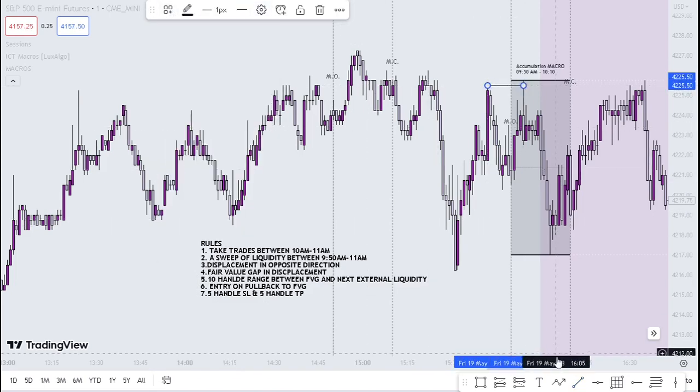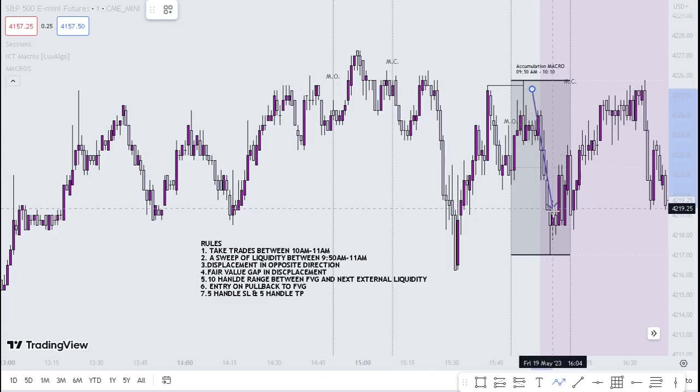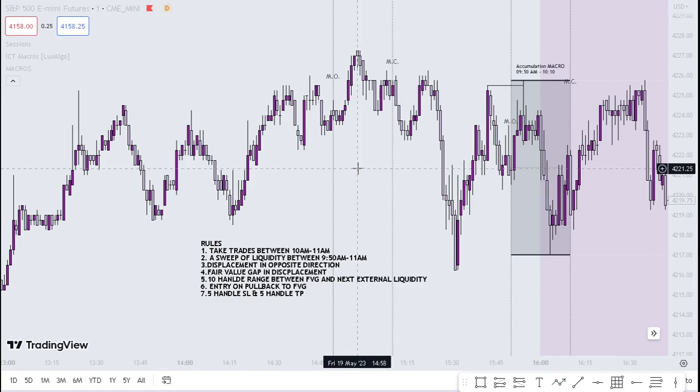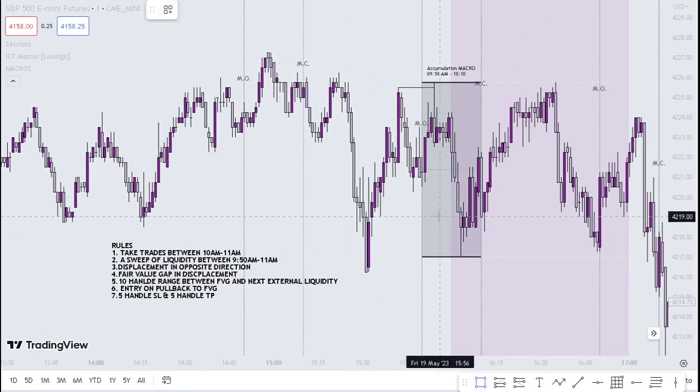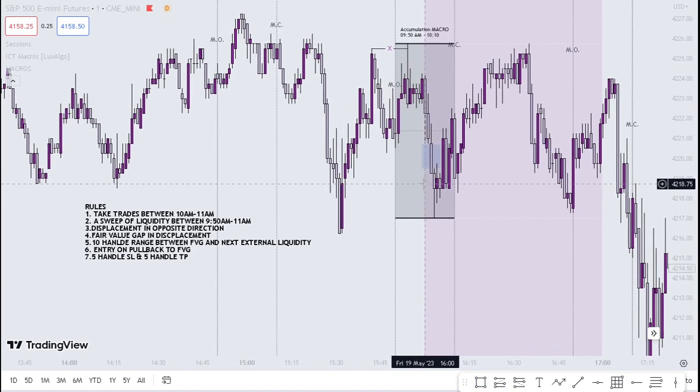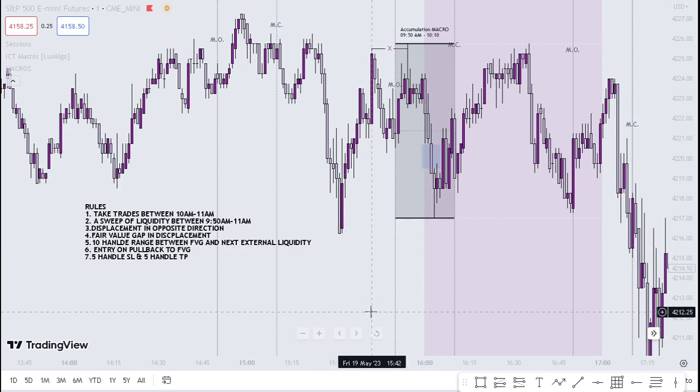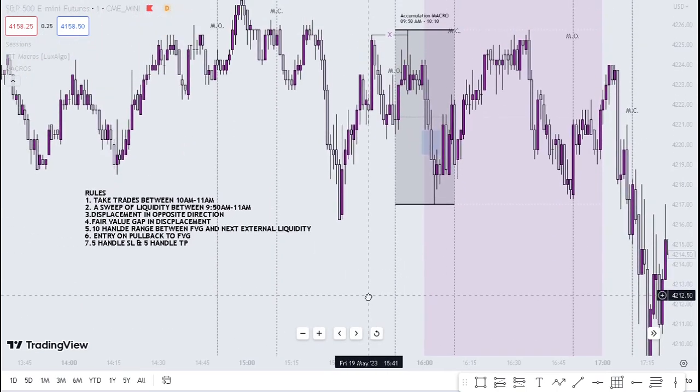Next thing, we look for the displacement, and as you can see, we have a displacement going down over there. After that, we look for our fair value gaps. We have one fair value gap over there, so we highlight it. Then we proceed to check for a 10 handle range between the fair value gap and the next external liquidity.